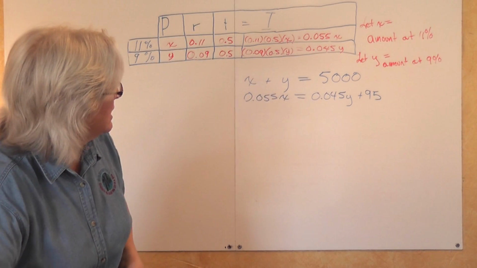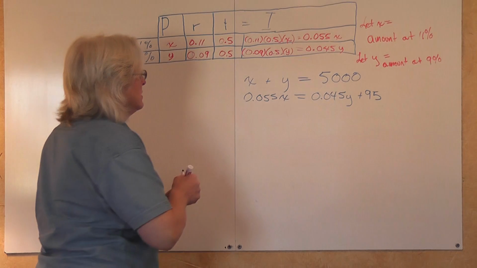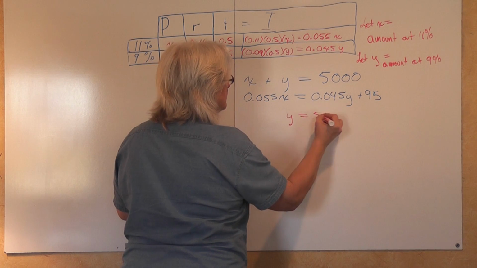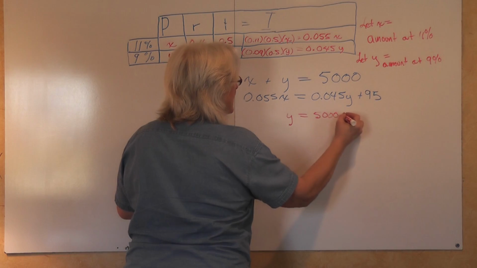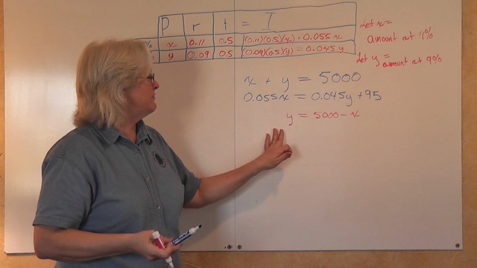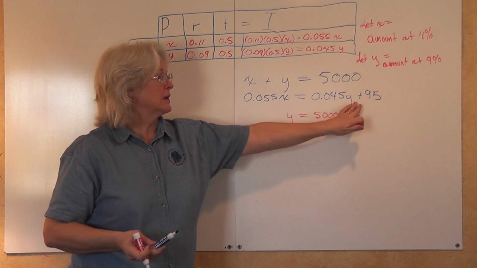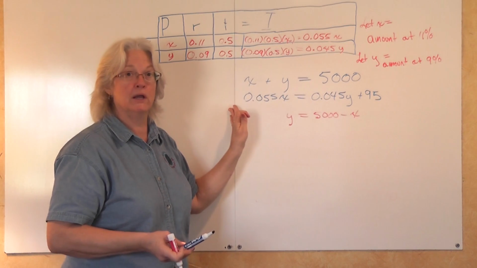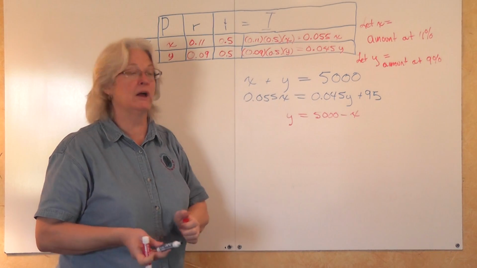If you subtract an x from both sides of the equation, you have y is equal to 5,000 minus x. And then we have a value that we can substitute in here for this y in this second equation, and we can go ahead and solve for x.